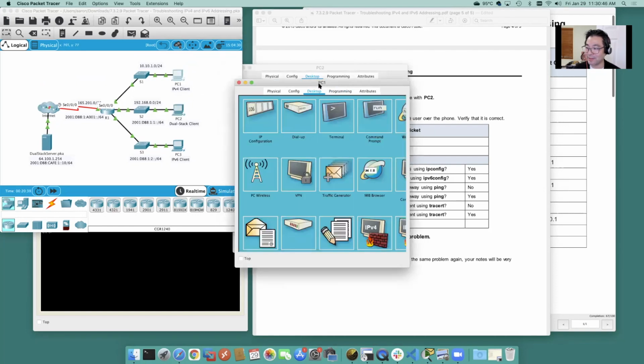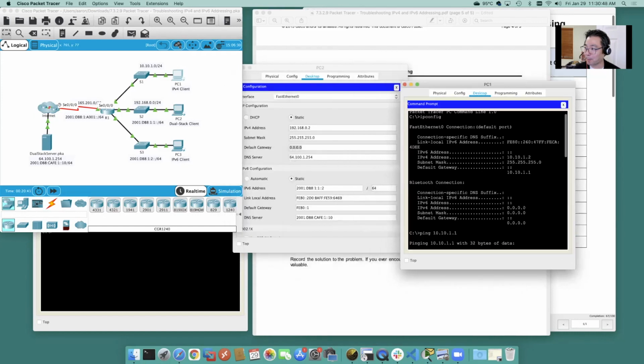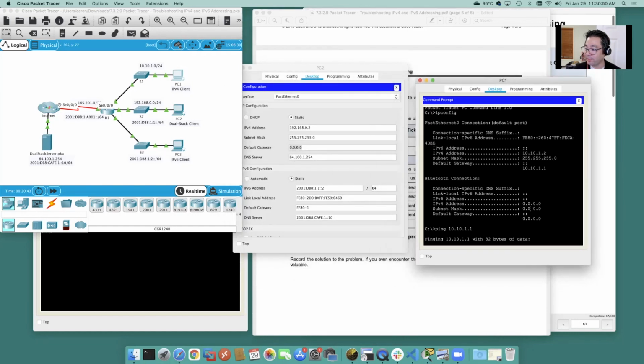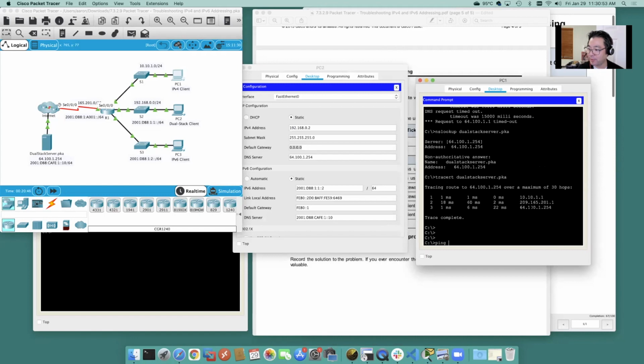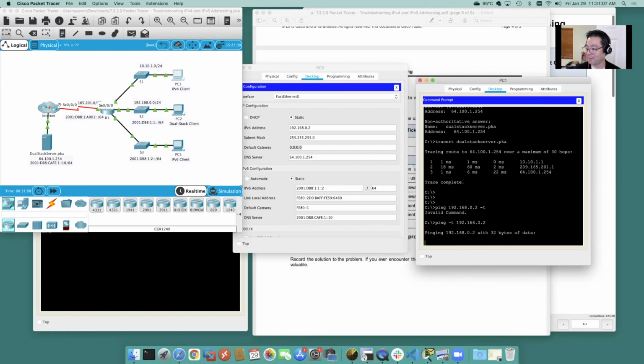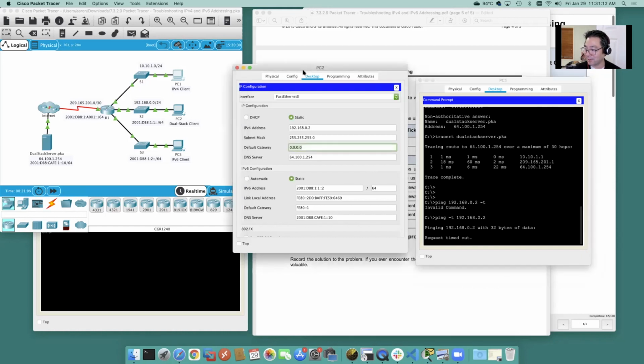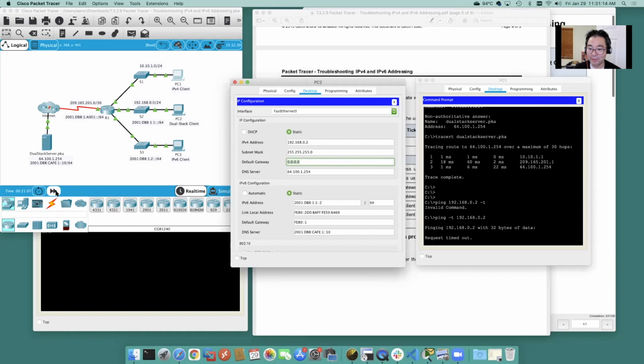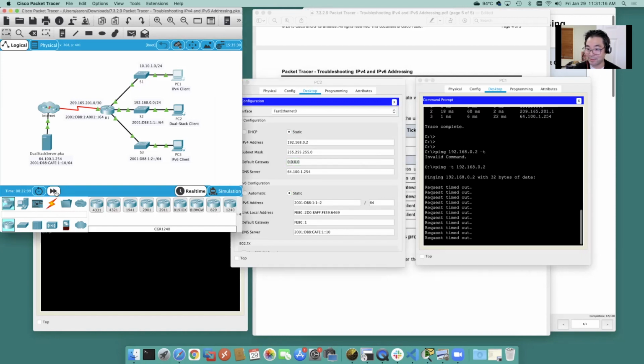So let's do this here. PC1, keep that continuous ping going there. Of course, we should see timeouts.